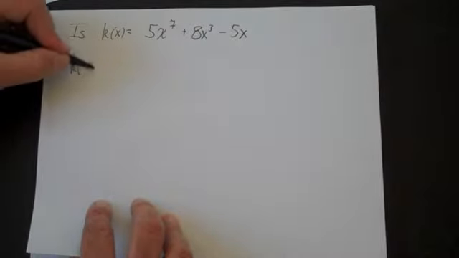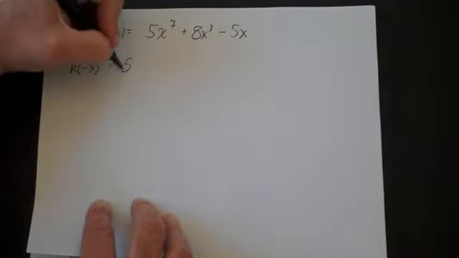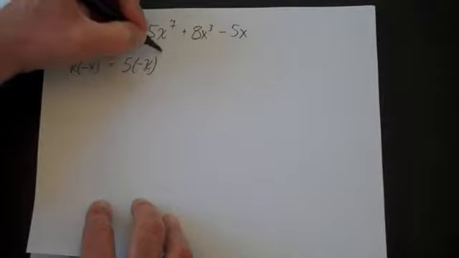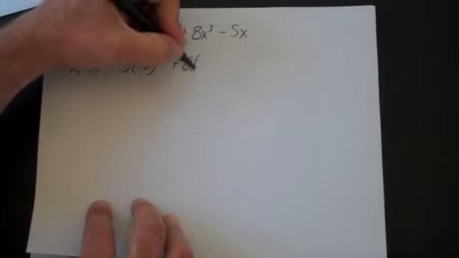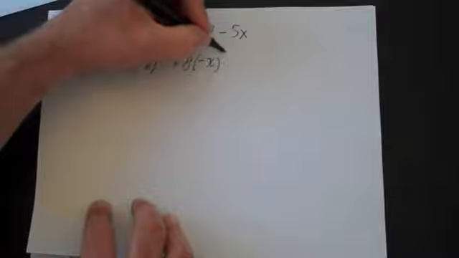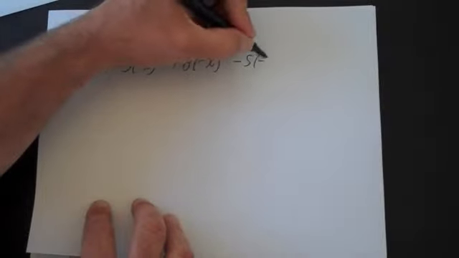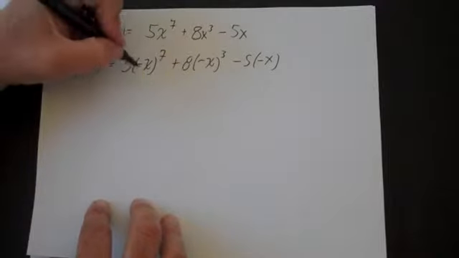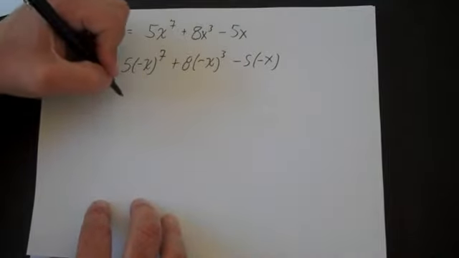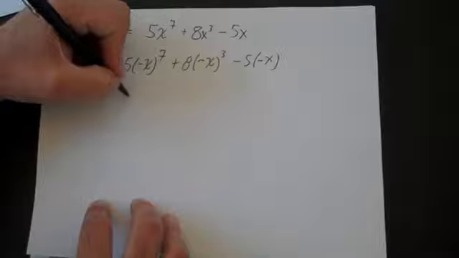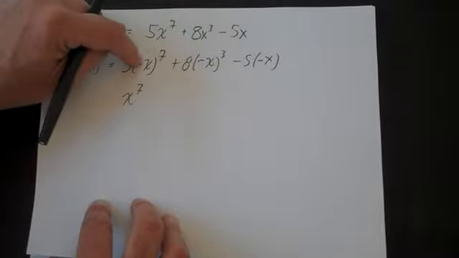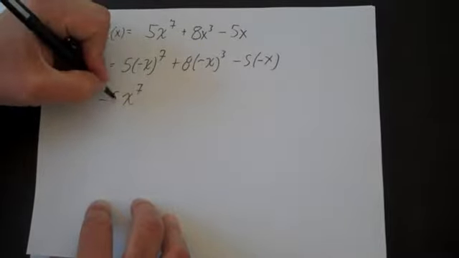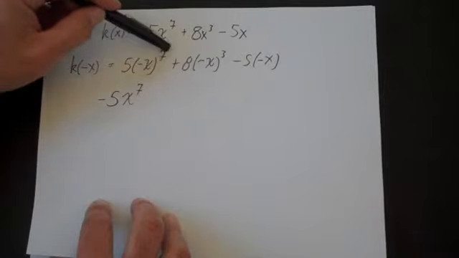So you have k of minus x, 5 times negative x to the 7th plus 8 times minus x to the 3rd minus 5 times minus x. Negative x to the 7th is simply going to be a negative x to the 7th, and you're going to end up with the term being minus 5x to the 7th. How do you know that? Because the power is odd, an odd number.